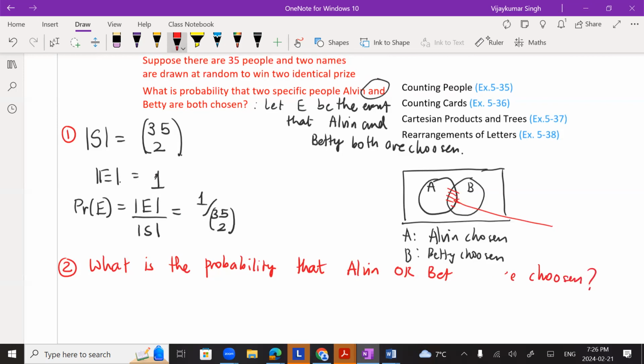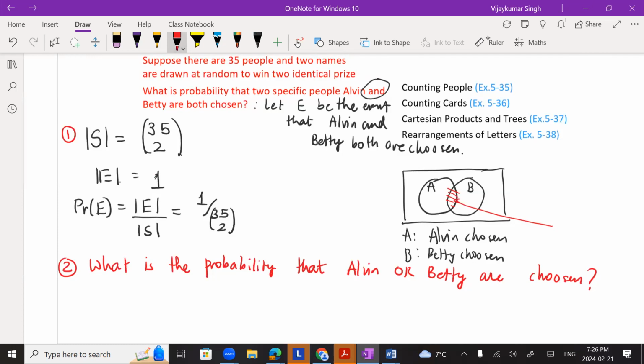So let's have a different question and let's ask this question ourselves. What is the probability that Alvin or Betty is chosen? "Is chosen" is better English-wise, but okay. What is the probability that Alvin or Betty is chosen?